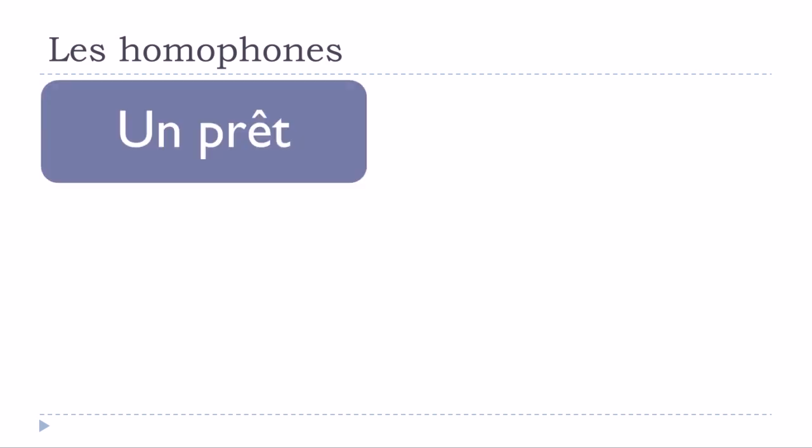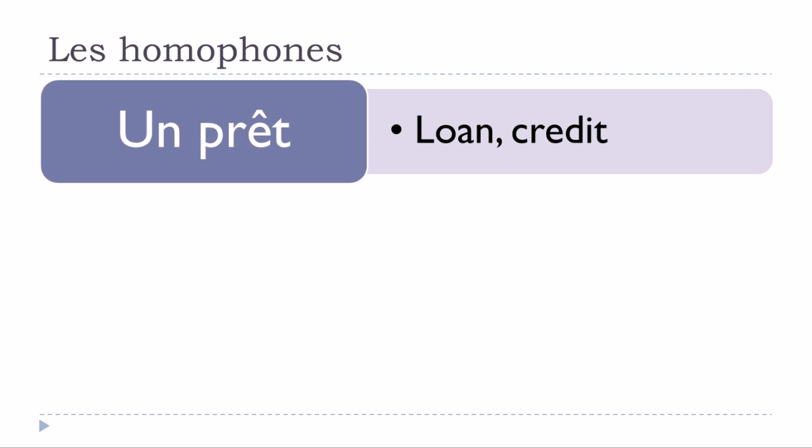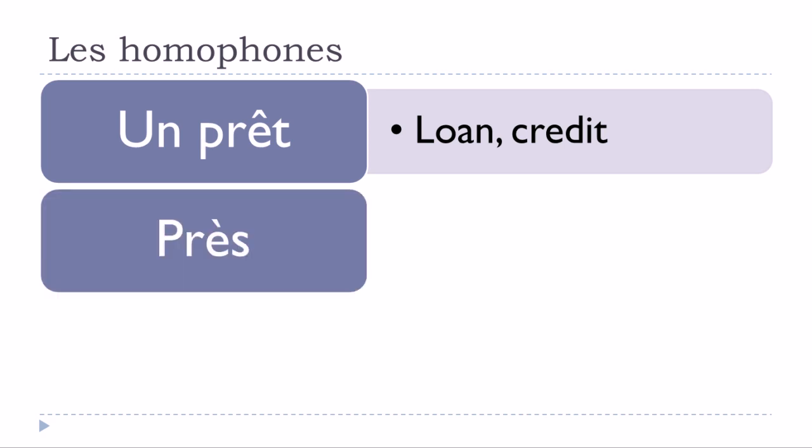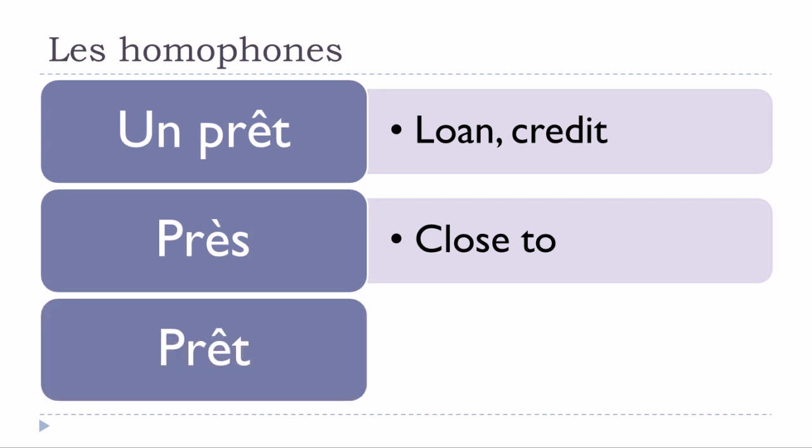Un prêt. Prêt. Prêt. Okay, so it's quite interesting here. So you get un prêt written like that. In that case, it's a substantive, a noun, and that's the meaning.